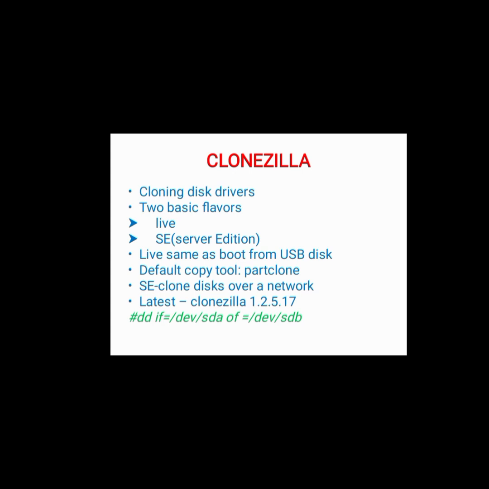After the of= comes /dev/sdb, which means the target drive. We want to copy that sda to sdb. We want to make a clone here. And thank you so much.